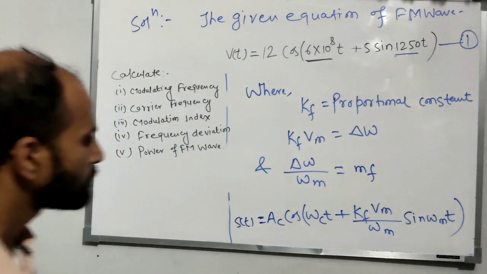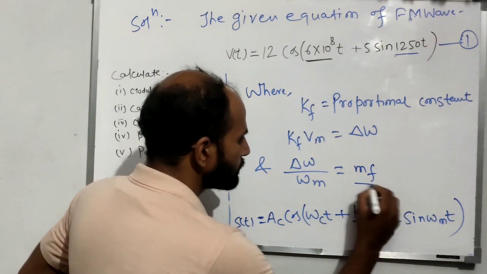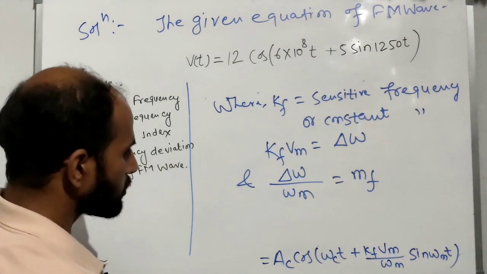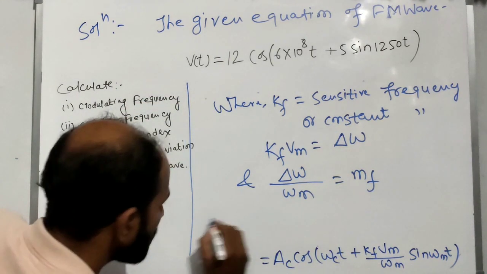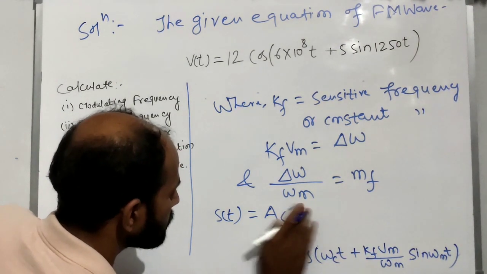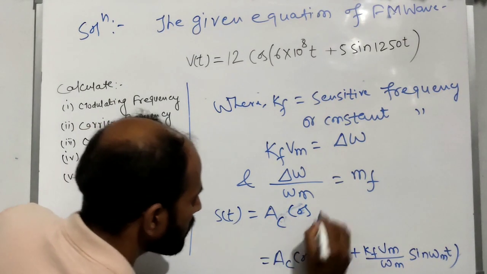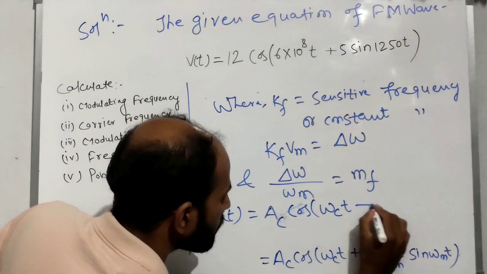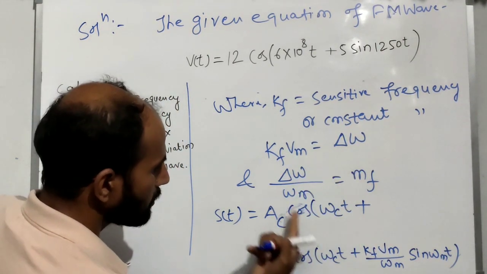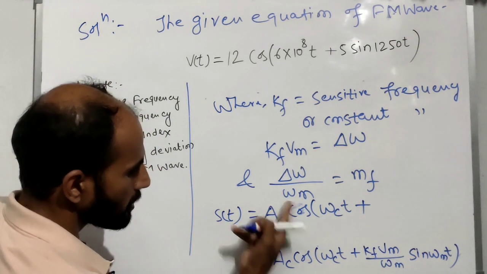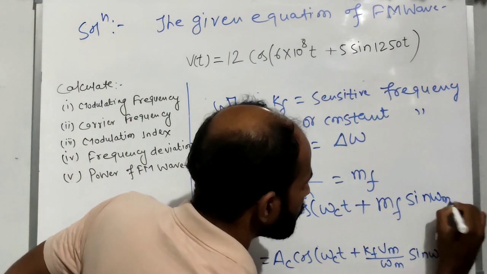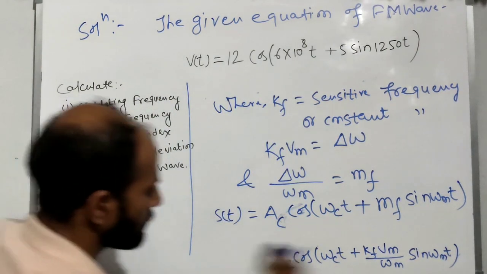This is called the modulation index. Now this value is put in this equation. s(t) is equal to Ac cos omega c t plus mf sin omega m t, where kf Vm is written as delta omega, and delta omega by omega m is called mf.